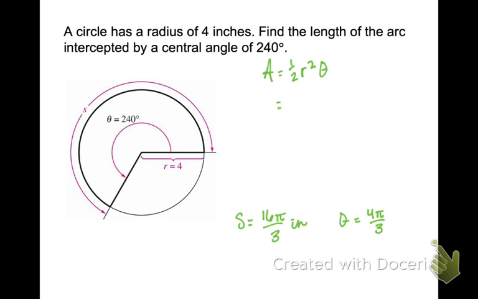So 1/2 times 4 squared, which is 16, times 4 pi over 3. Half of 16 is 8. So area equals 32 pi over 3 inches squared, or square inches.